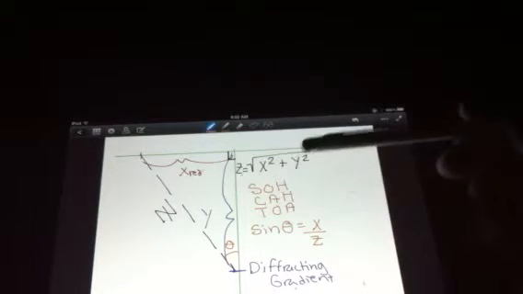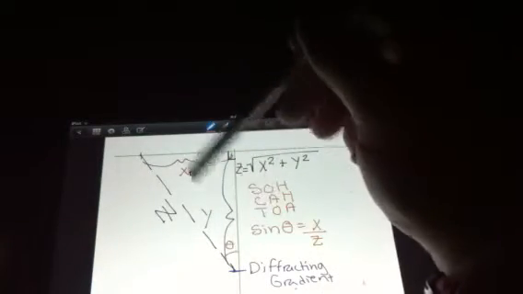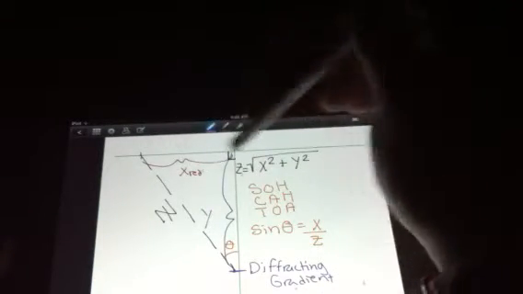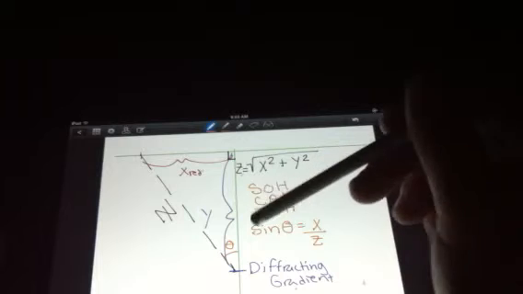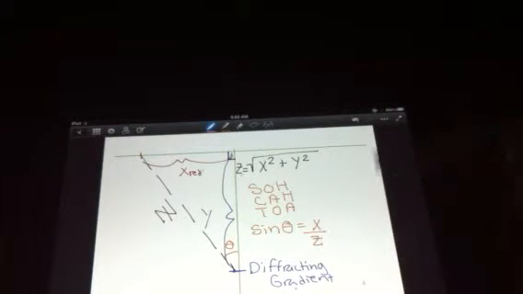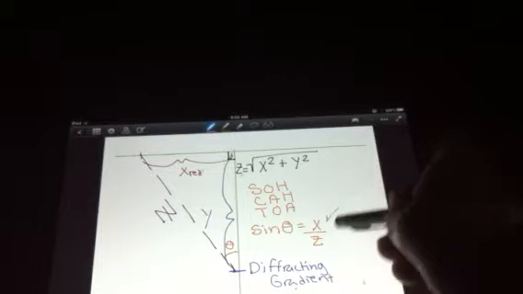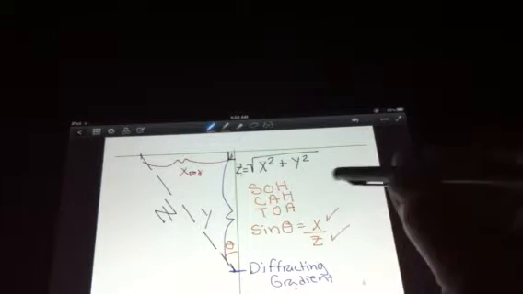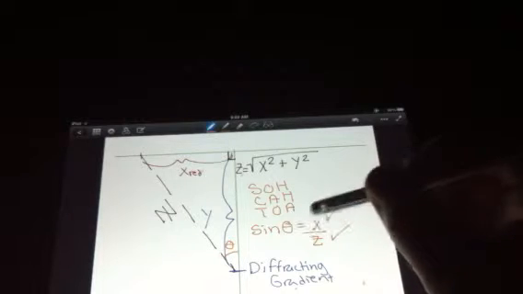In this case, to get this angle, I'm looking at my X over my Z. So I'm going to use sine. So it's sine theta equals X over Z. Now remember, as you calculate this, you have X and you have Z. So you have to do the inverse of the sine to get the theta.